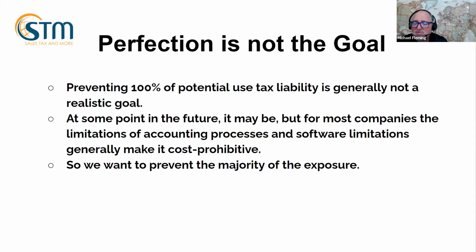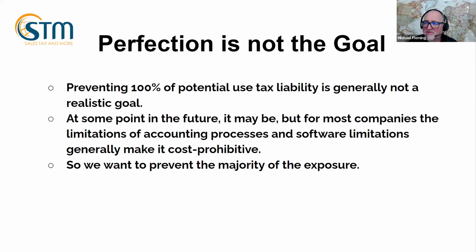So, perfection is not the goal. You're never going to prevent 100% of potential use tax liability. I just don't think that's a realistic goal. At some point in the future, maybe it could be, but for most companies, the limitations of the accounting process and the software limitations are generally going to make it cost prohibitive.